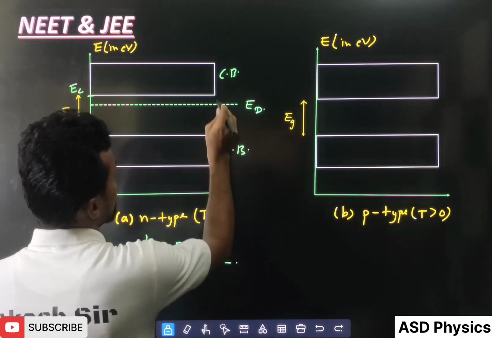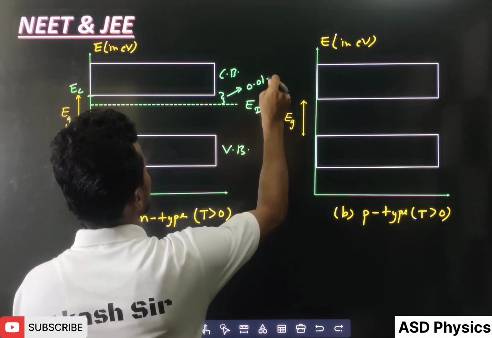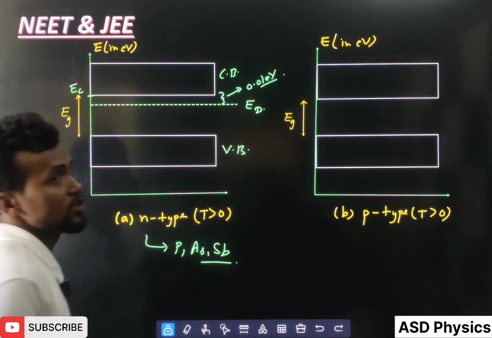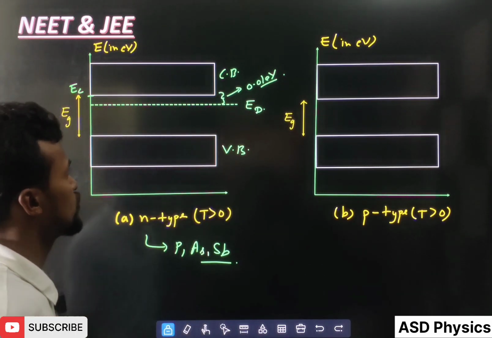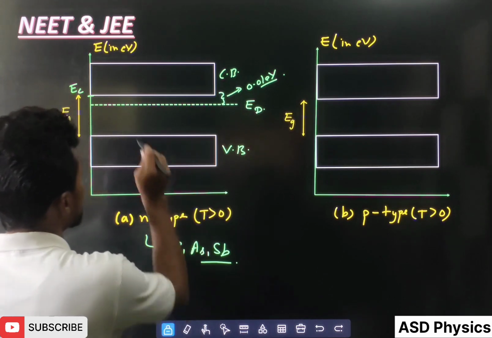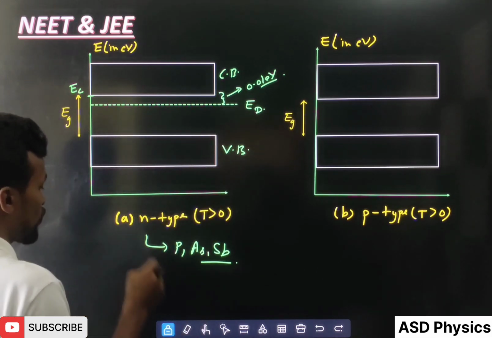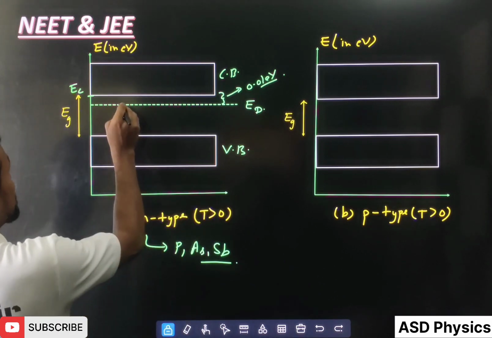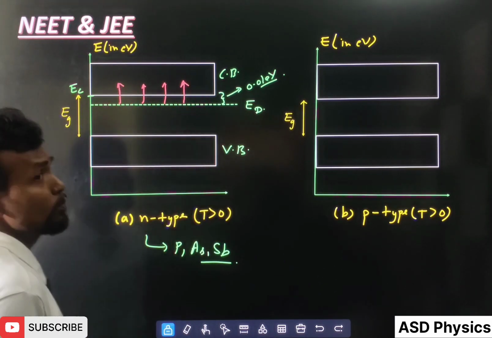The difference between this EC and this ED for an n-type semiconductor is 0.01 electron volt, as given in the NCERT. Based upon that I am telling 0.01 electron volt. That means the donor atoms will donate the electron to the conduction band. How much energy is required?